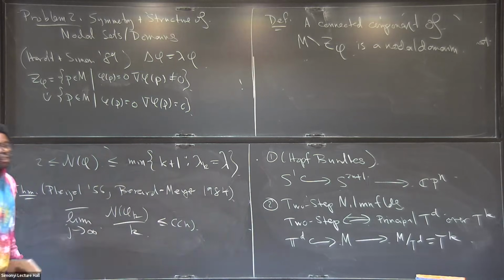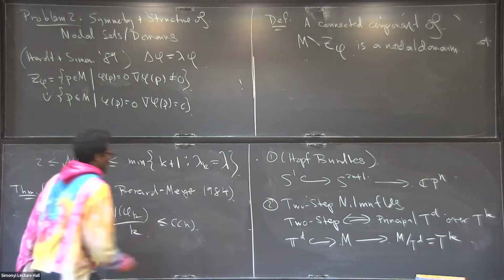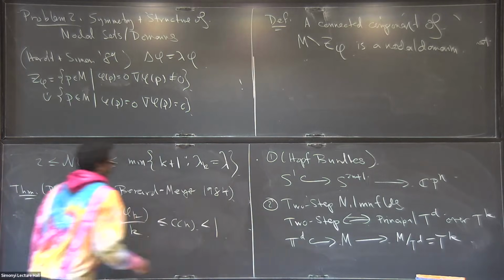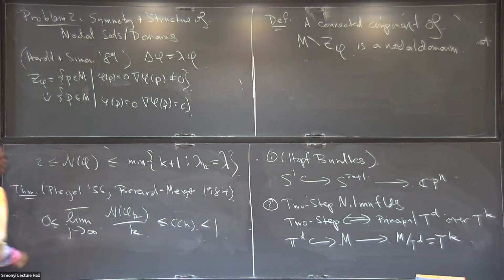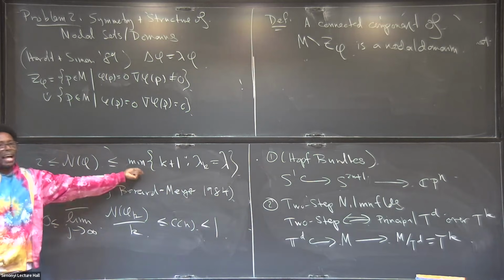If I'm in dimension n, there's some universal constant which bounds this lim sup, and it's less than 1. So in general, you're not going to get lots of these Courant sharp eigenfunctions. Any orthonormal basis will have only finitely many eigenfunctions which saturate this.